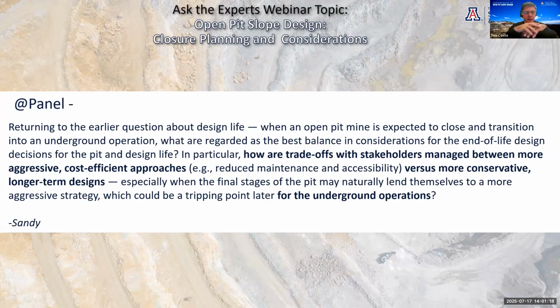If you go from open pit to underground, it depends on your underground operation, if it's caving or something like this. Maybe you could be more aggressive and let the failure happen, because we will have everything in the underground mine. So it still depends on your underground mine operations.